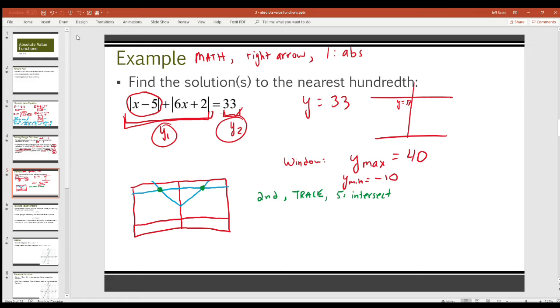Then you just use your arrow keys to move the little cursor which follows along your graph as close as possible to the intersection point. Once you do that, you can just press enter 3 times. So enter, enter, enter. And for the one on this left part right here, I got that the intersection point for x is x equals, to the nearest hundredth, negative 4.29.